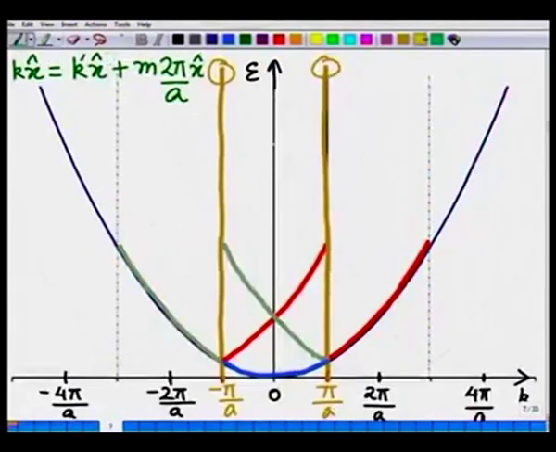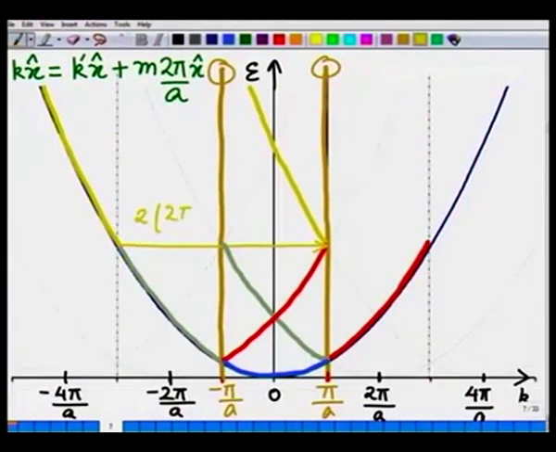Now, if I look at another portion of it, let us say this portion here going further up, I can use 2K vector, and this portion can again be transformed into this particular curve, and then it will be transferred as follows, where this is equal to 2K, two times 2 pi by a.